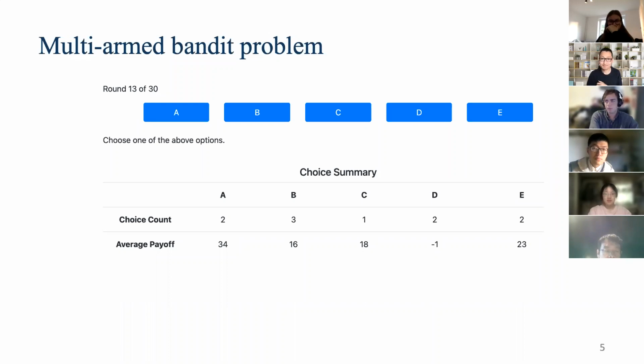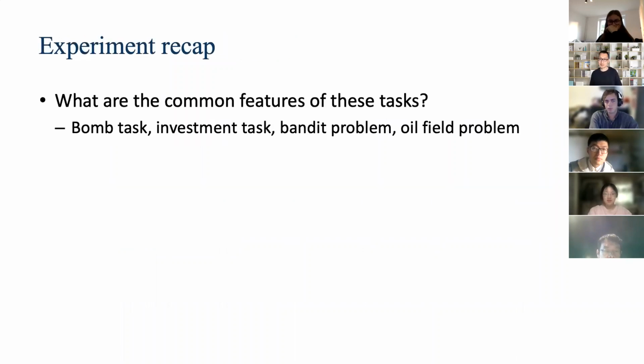What are the common features of these tasks or problems? We have 4 of them. If some of you have comments, please unmute yourself and share. Otherwise, I just want you to think so that you could learn some valuable lessons from this experiment.